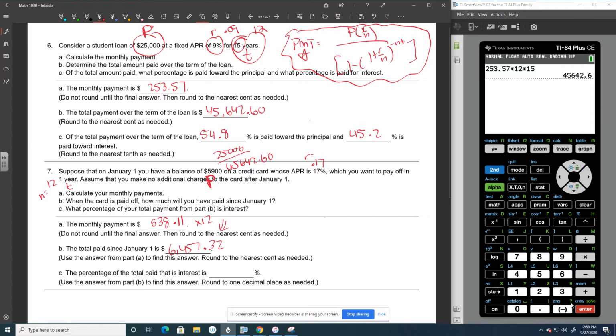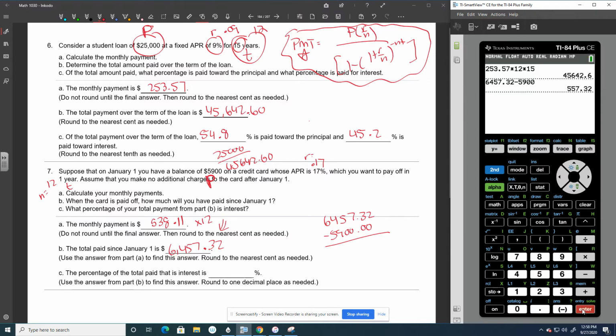Okay, so if I paid $6,457.32, but $5,900 of that was the money that I owed, whatever's left over is the amount that went to interest. So I can do 6,457.32 minus 5,900.